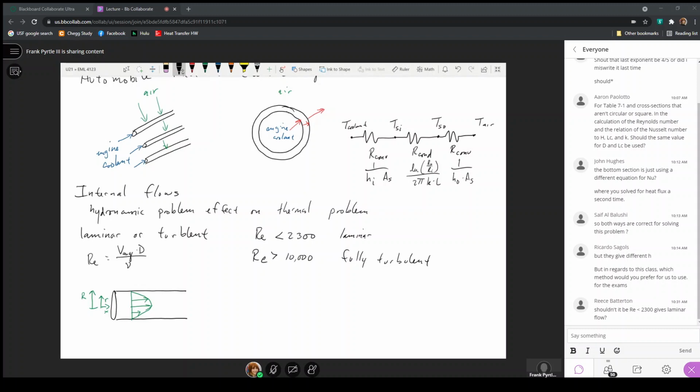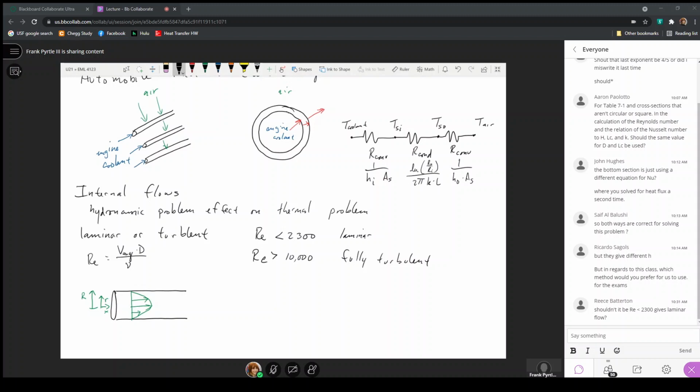Now, this expression of the average velocity is the appropriate one to use, but often for internal flows, the mass flow rate of the fluid is what is typically specified rather than the average velocity, let's say, of this engine coolant.